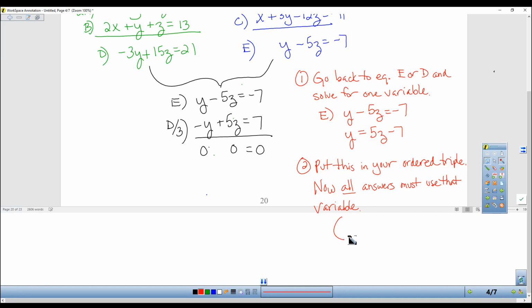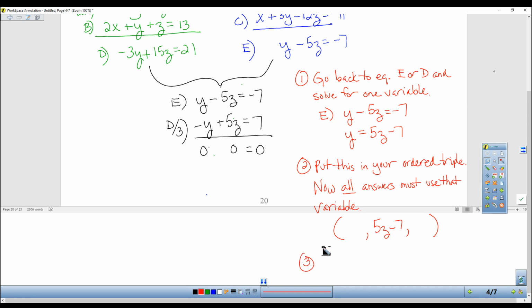Meaning, you're telling me that y is 5z minus 7. So I'm going to put 5z minus 7 right there. Okay, that's what you decided. Y is 5z minus 7. So that's what's going to go there. And now z is my variable. All three parts are going to have to use z.